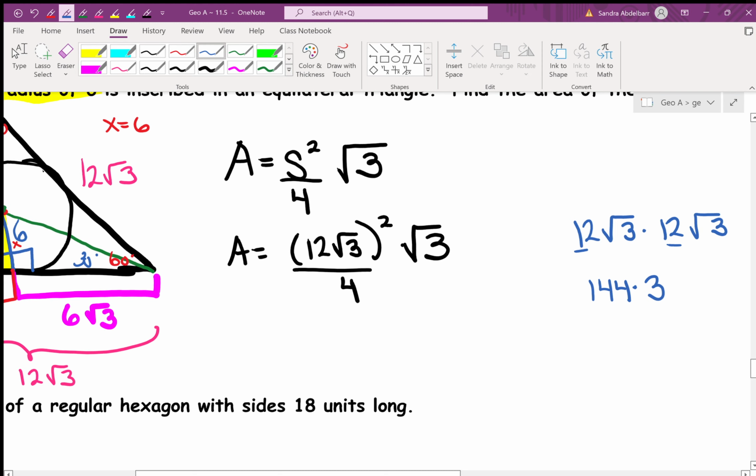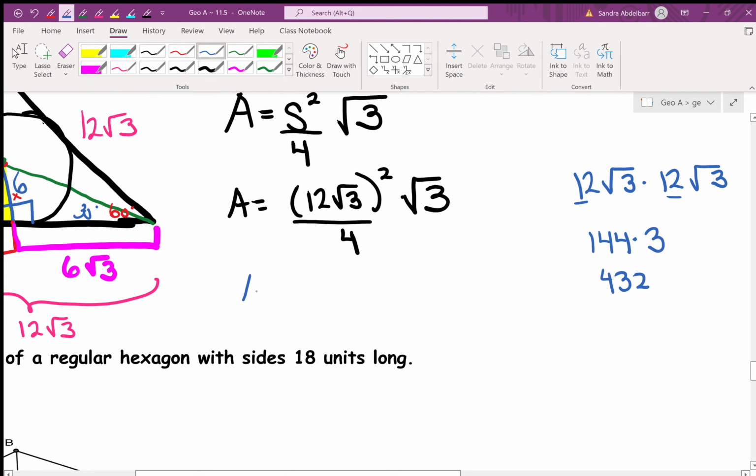I'm sorry? 432. 432. So now we're going to have the area is equal to 432 over 4 root 3. Okay, so now we're going to take that 432 and divide it by 4. So we're going to get area is equal to 108 root 3 units squared.